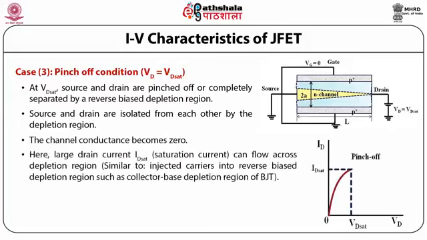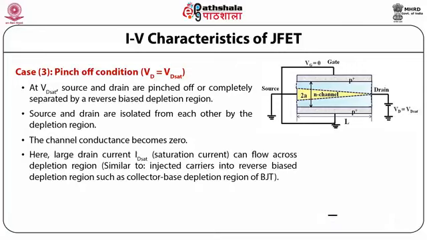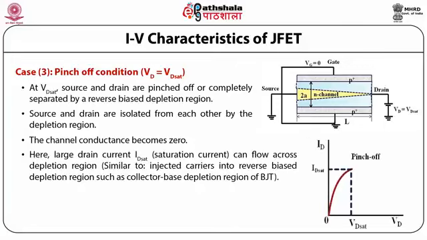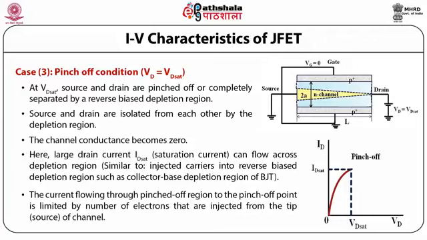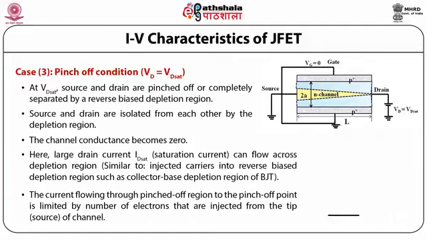So here, large current Id saturation can flow across the depletion region, which is similar to carriers injected into the reverse bias depletion region, such as the collector base depletion region of a BJT. So the current flowing through the pinched off region to the pinch off point is limited by the number of electrons that are injected from the tip or the source of the channel.